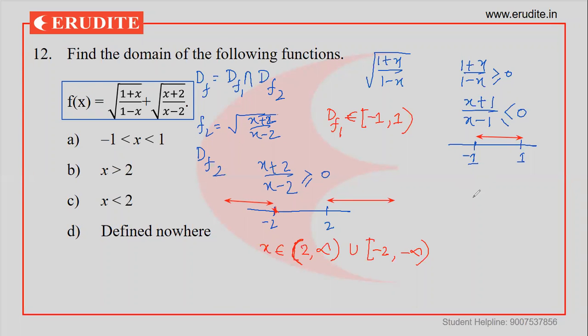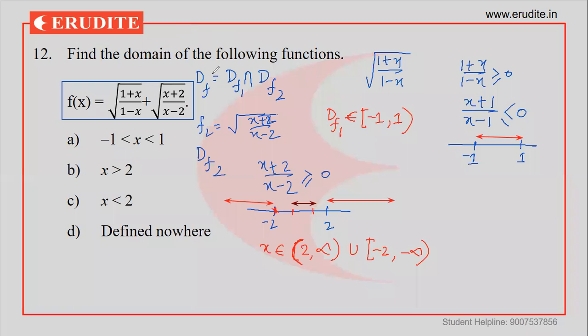Now if I consider these two functions on the common line, I can see that minus 1 to 1 is one zone for the earlier function, and the other function has its own ranges. That means there is no overlapping.